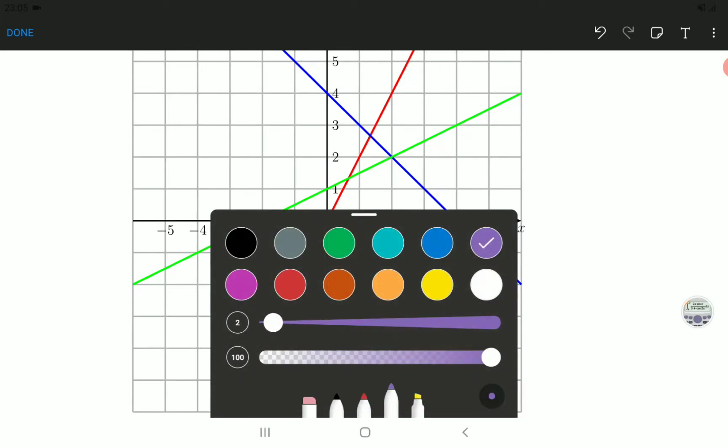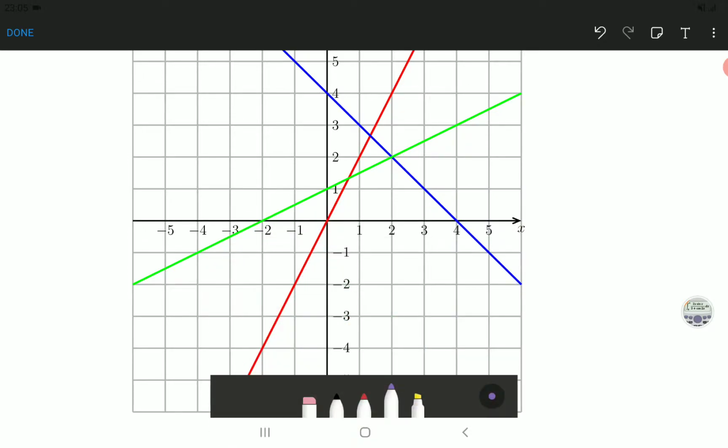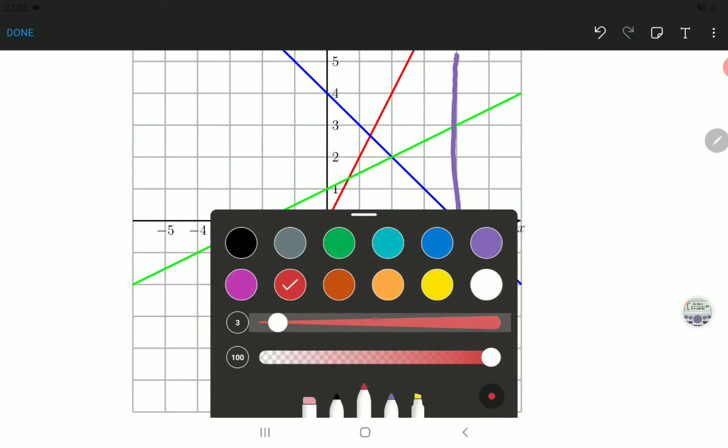I'm going to start with a vertical straight line. So suppose we have this straight line down through here. Okay, we're going to put on some of the coordinates of this straight line.